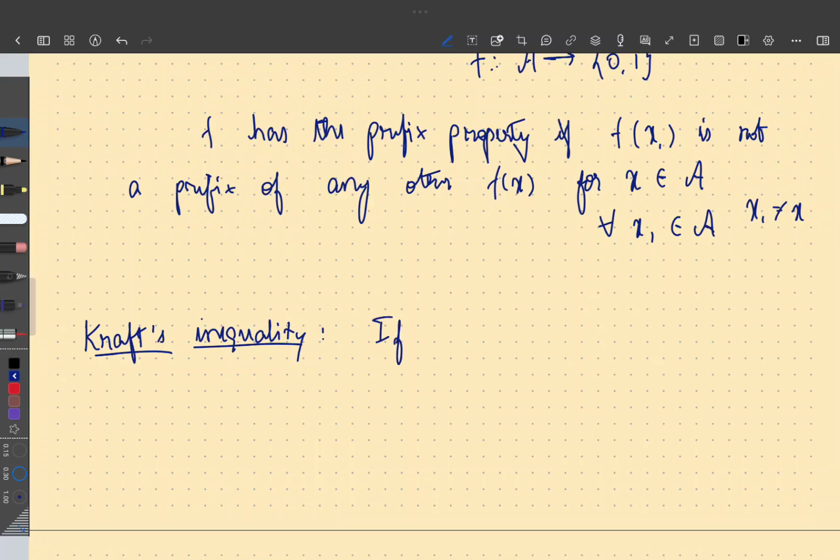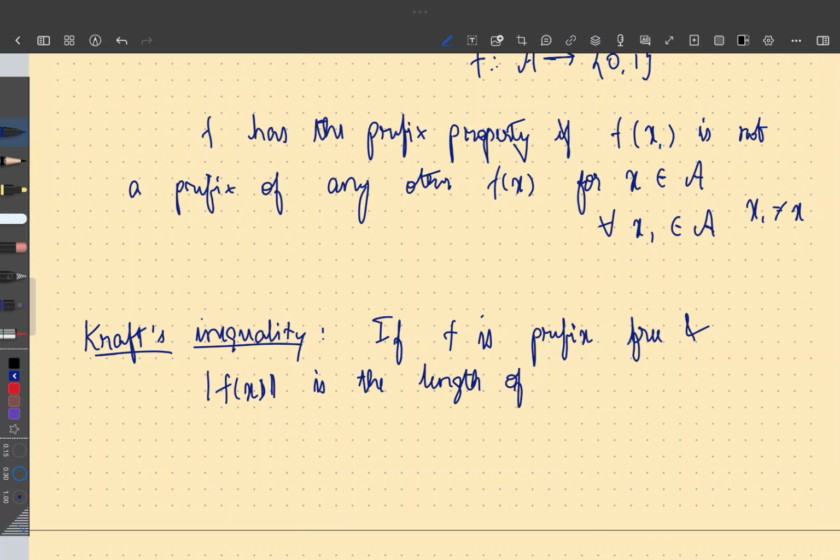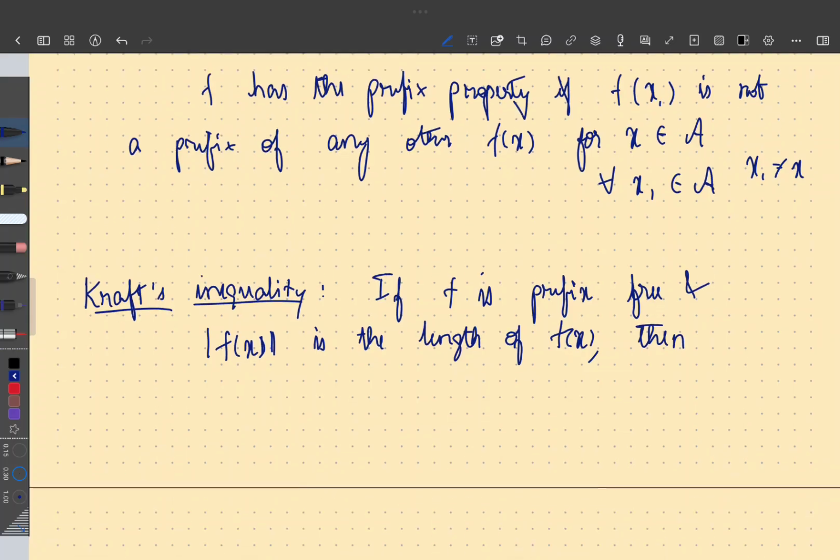If f is prefix-free, and mod f of x denotes the length of f of x, then when you sum 2 to the power minus the length of f of x over all possible x, this quantity is guaranteed to be less than or equal to 1.